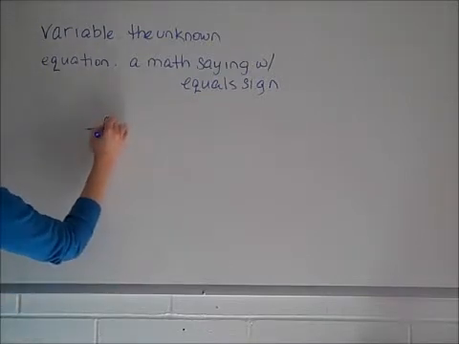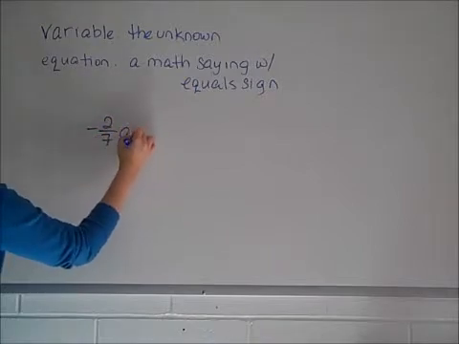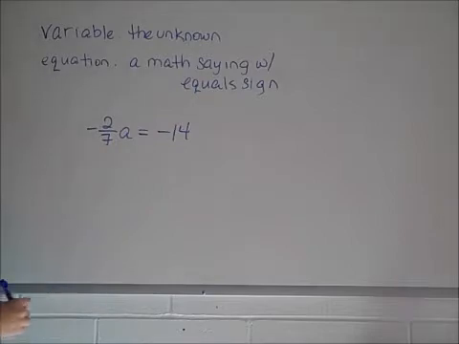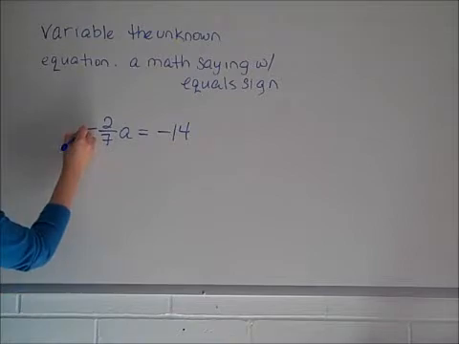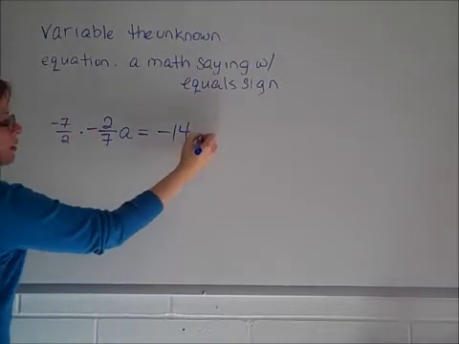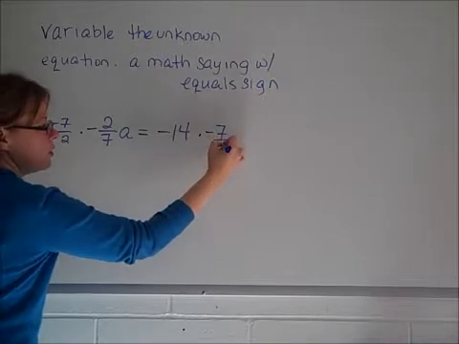Let's do one more fraction one. -2/7 a equals -14. So just as before, we're going to multiply by the reciprocal. The reciprocal of -2 over 7 is -7 over 2. What I do to one side, I do to the other.